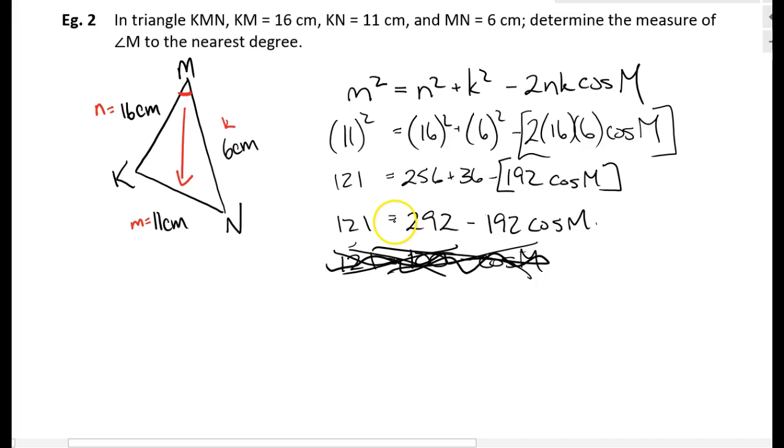Instead, we subtract 292 from both sides, and we get negative 171 equals negative 192 cosine M. Now we can deal with this negative 192 that's attached to my cosine.